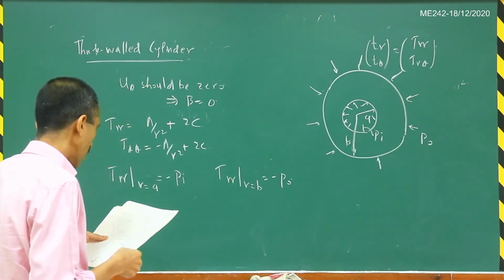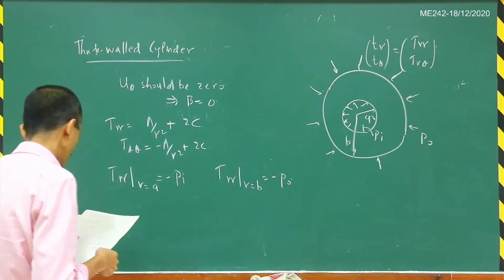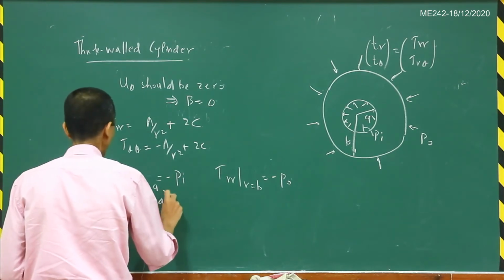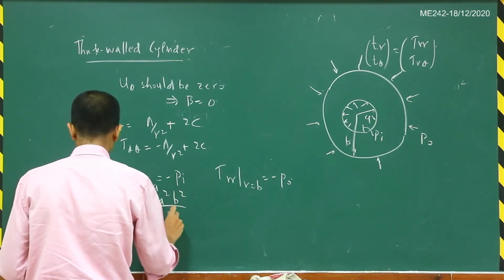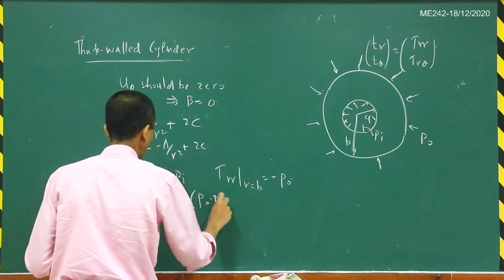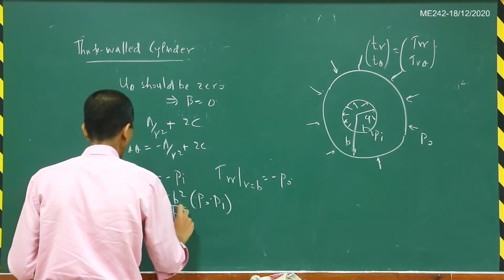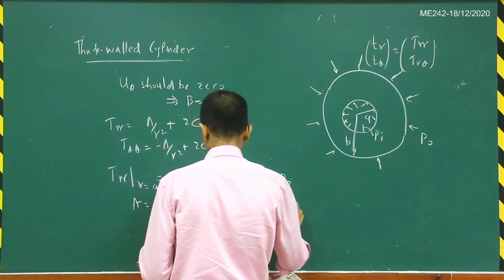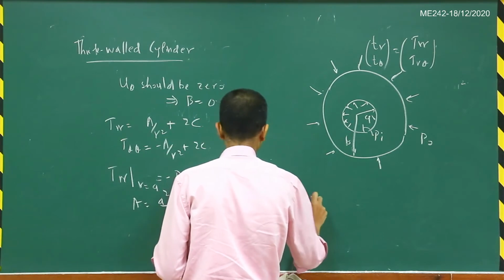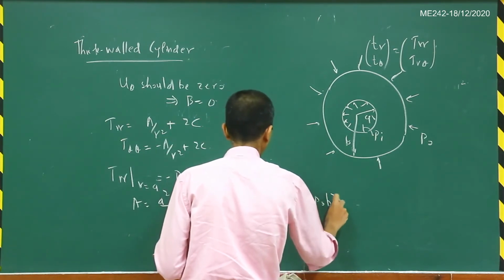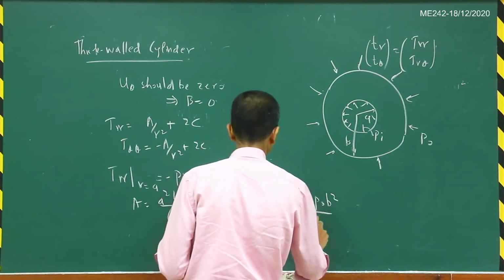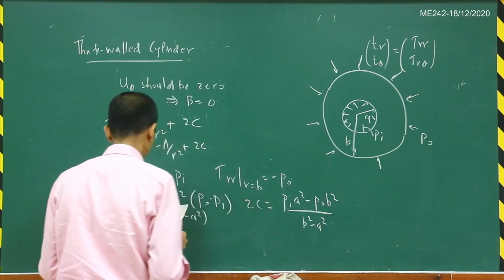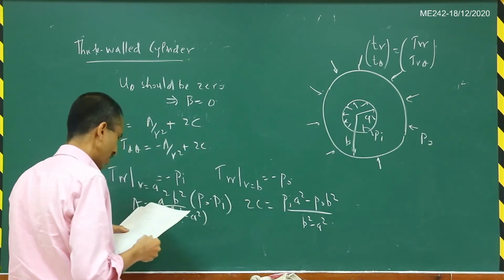Those are the boundary conditions, and from them you will get that A is equal to A squared B squared times (P_o minus P_i) divided by (B squared minus A squared), and 2C is equal to (P_i A squared minus P_o B squared) divided by (B squared minus A squared). You can easily solve for these two constants. Okay, but now what about the displacement, right?